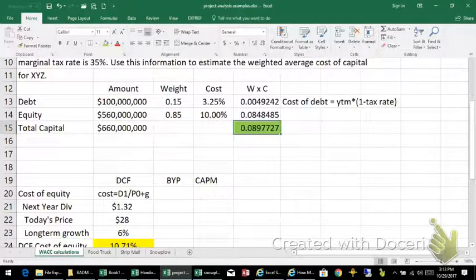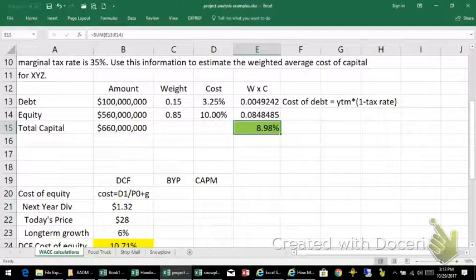Alright, highlight in green to make it stand out a little. And then I want the percent and add a couple of decimal places. That's right at 9%. Alright, so in college world, you enter as many decimal places as the question asks you. In the real world, you would probably just round that to about 9%.